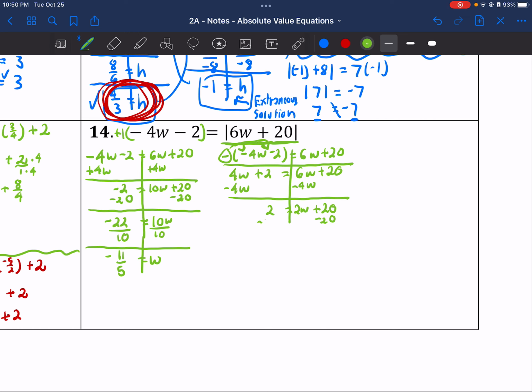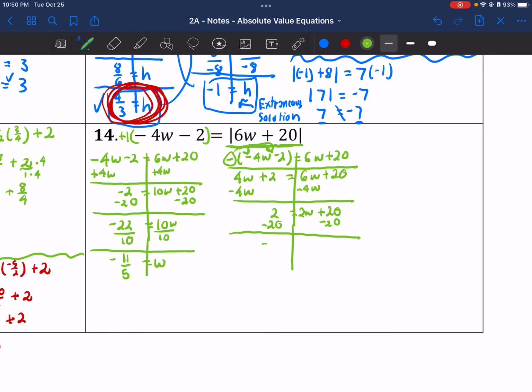Subtract 20 on both sides to isolate our variable, and I end up with negative 18 is equal to 2w. Divide both sides by 2, and I end up with w is equal to negative 9.